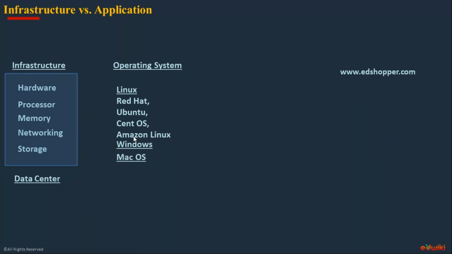These are some popular operating systems that we will be knowing. Any one of the operating systems can be installed on the given systems, and you use this operating system to start utilizing your computers for your business use cases, correct?